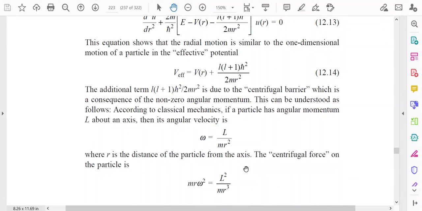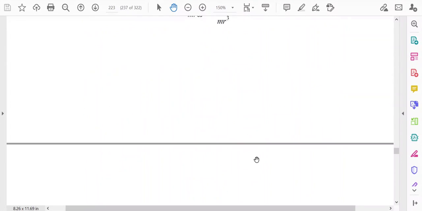So from the definition of the centrifugal barrier, we have established that this potential comes from the centrifugal force, and this second term can be known as the centrifugal potential barrier.